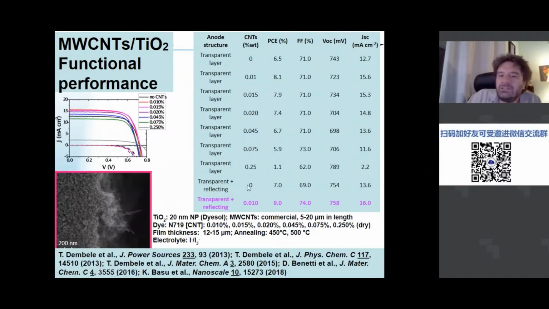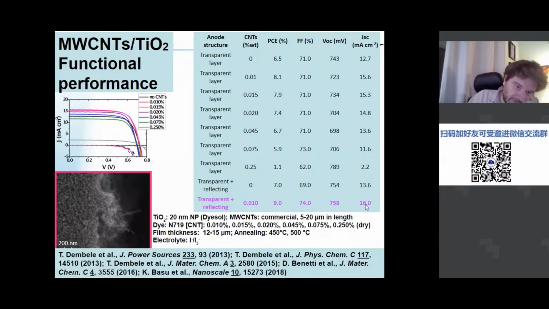This is the control, in which there's 0. And then the best case scenario is for 0.01, in which we have a transparent and reflecting anode. The efficiency is 9%. We have a fairly high fill factor and fairly good values of the open circuit voltage and the short circuit current density.